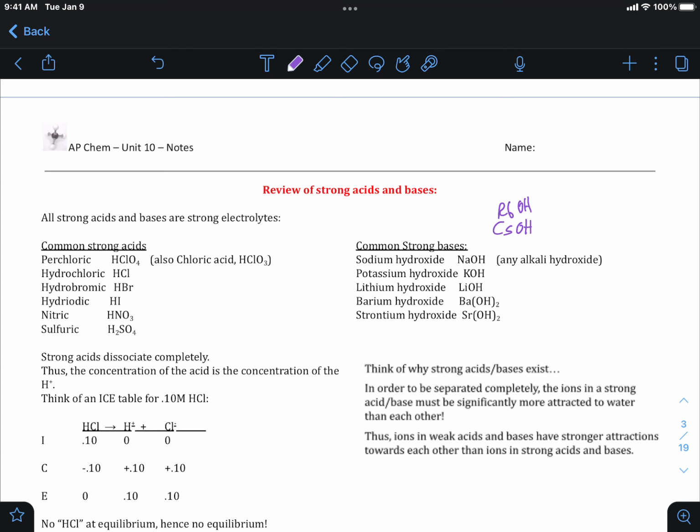Yes, Ron? Would magnesium and calcium hydroxide not be strong bases? So the problem with calcium and magnesium hydroxides is that their solubility is very limited, and that impedes their ability to dissociate completely. So that would only be the case in relatively minute concentrations. Okay.